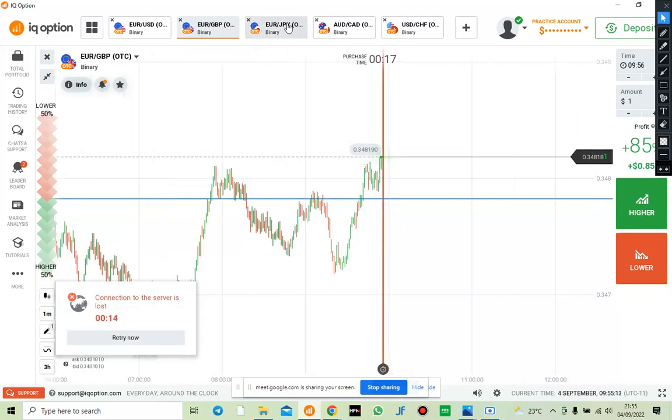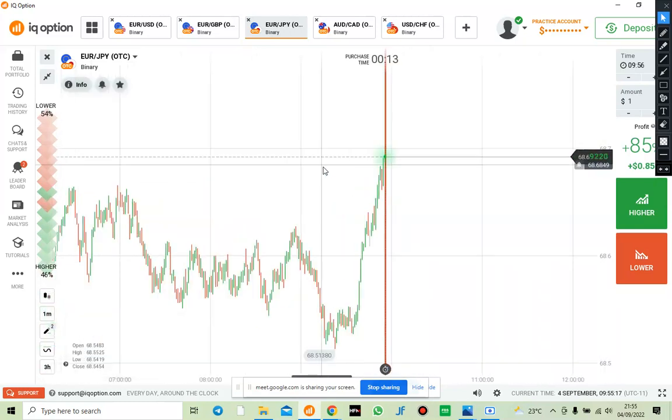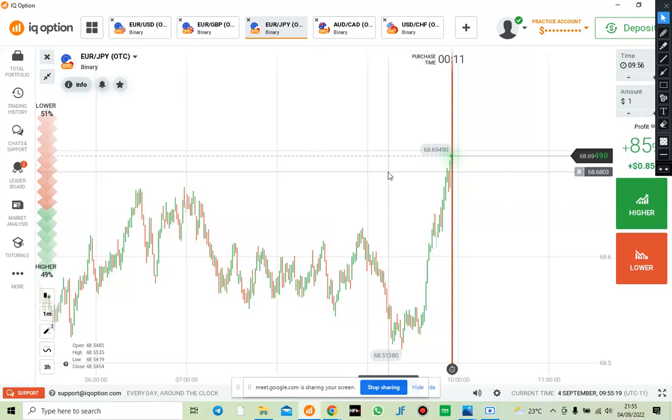Then next thing, if you want to draw key level, use the Fibonacci retracement.